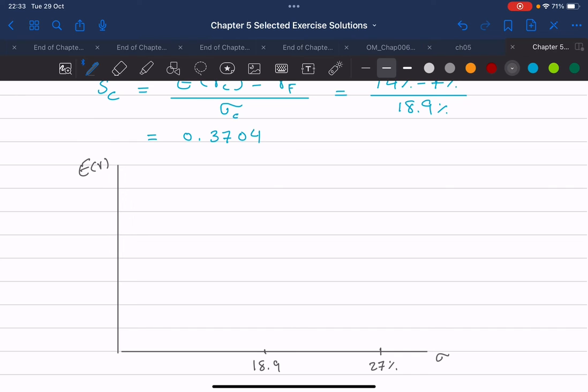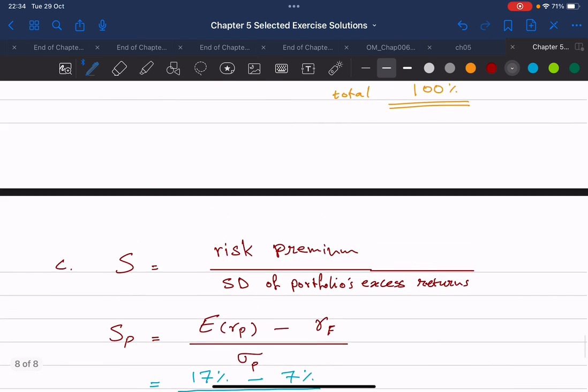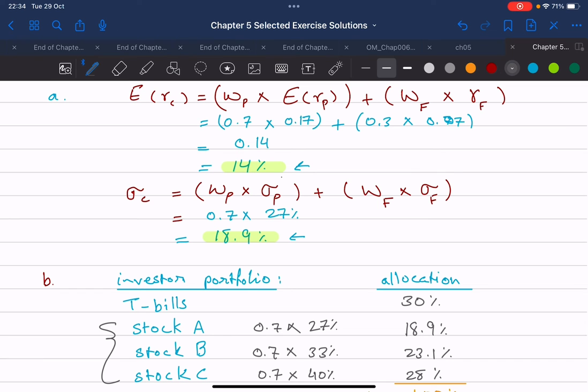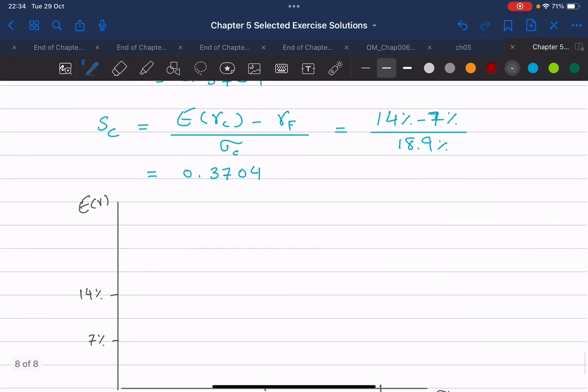On the y-axis, on the other hand, we are interested in 3 points. The 7% return, which is the risk-free rate, and the 14% return, which is, if you remember, the client's return right here, and 17%, which is somewhere around here, which is the risky fund's rate of return.